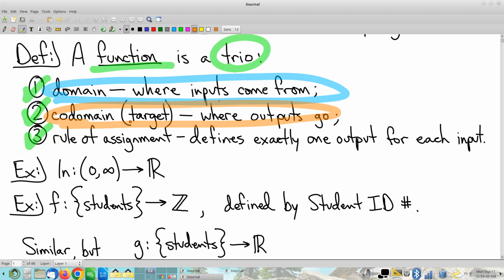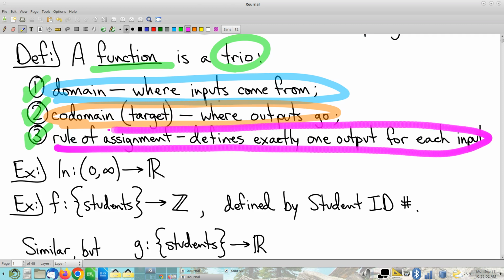I mean, if you're shooting arrows at a target, the target is where the things land, right? It just seems like a natural thing to call it. And then the third thing, what people typically think of a function as being, the formula, you might say, the thing that tells you how to compute the output value for a given input value.